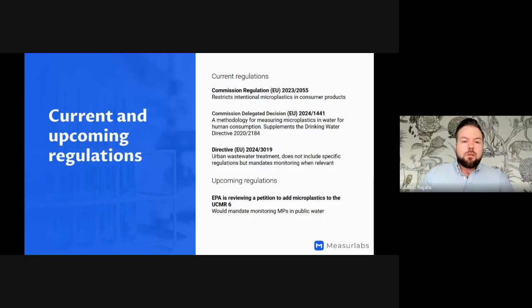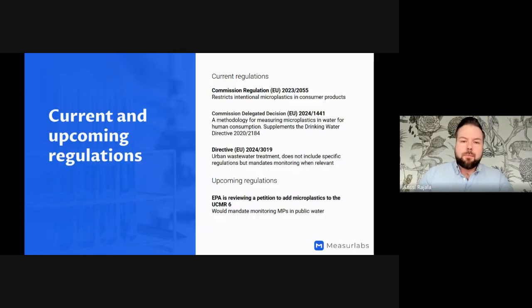Then there are the regulations. The most important one currently is the Commission regulation from the EU, Commission 2024/2055. This regulation only applies to intentional microplastics, and it prohibits intentionally added micropolymer particles above 0.01 mass % in consumer products.